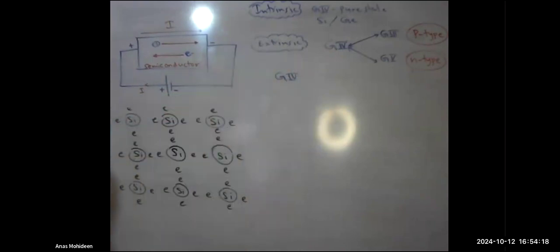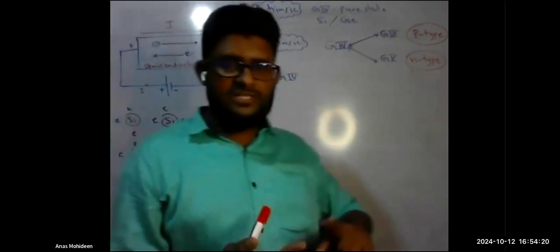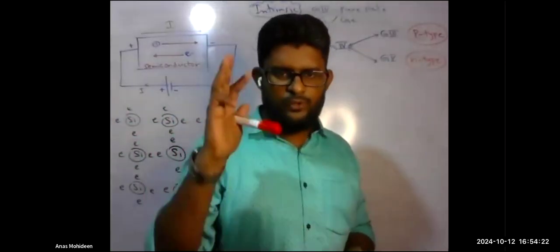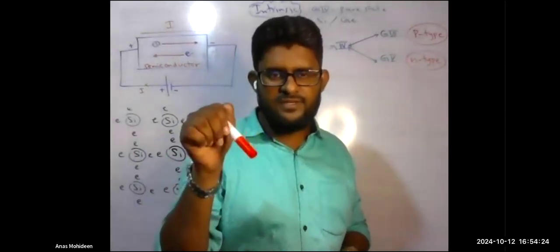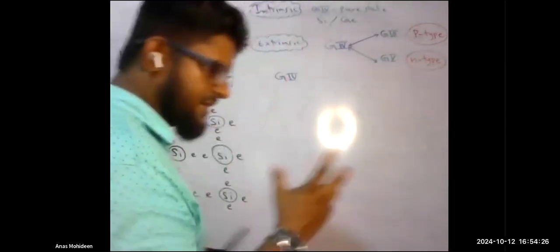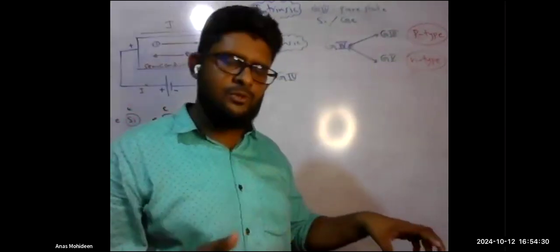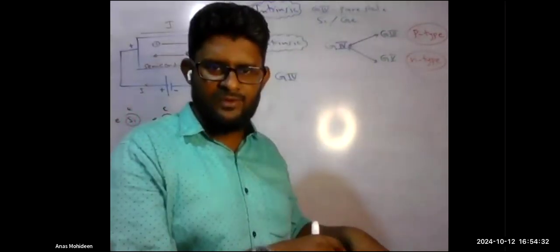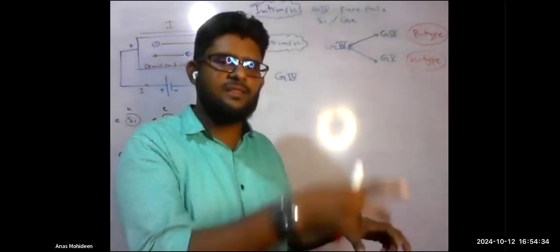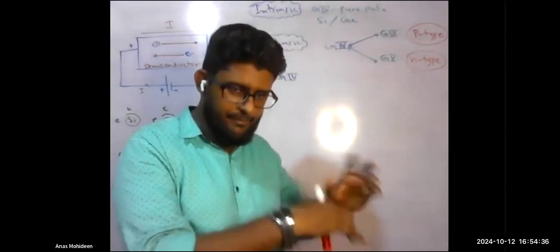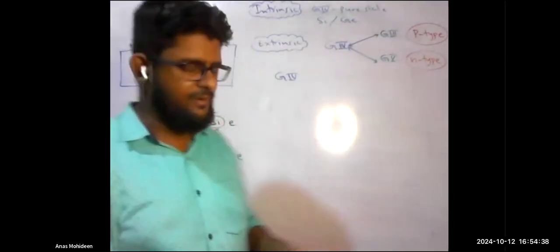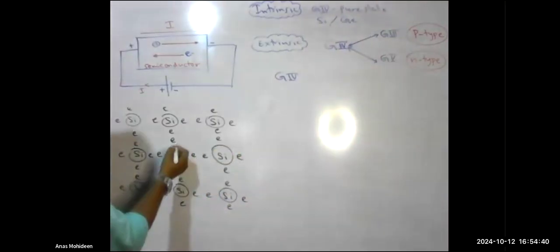Group 5 means, let's say after silicon we have phosphorus: sodium, magnesium, aluminum, silicon, phosphorus. Let me take that phosphorus here. Silicon is already there and phosphorus comes to dope with silicon. Dope with silicon means mix with silicon. So I'm going to apply a phosphorus here.